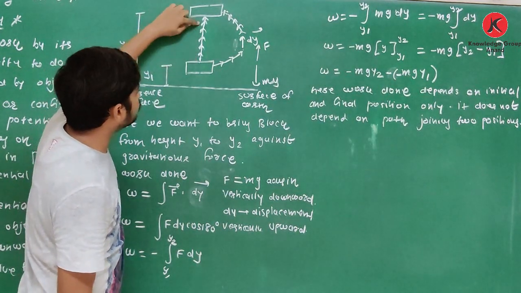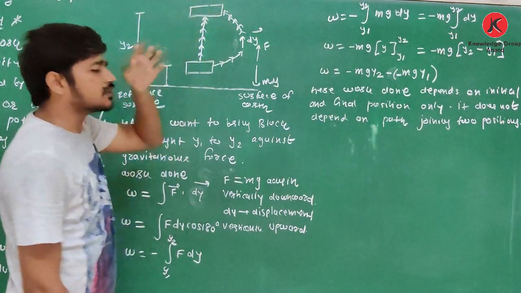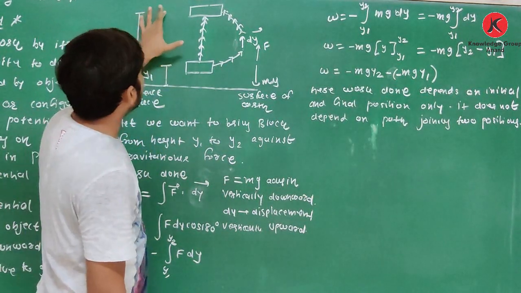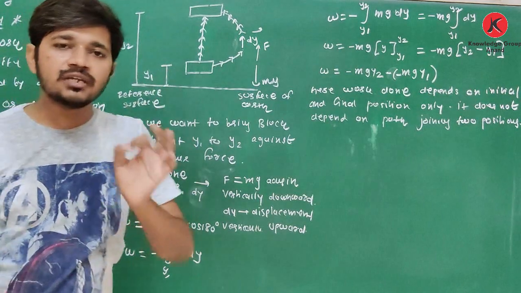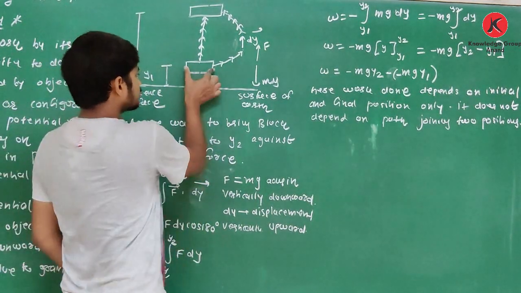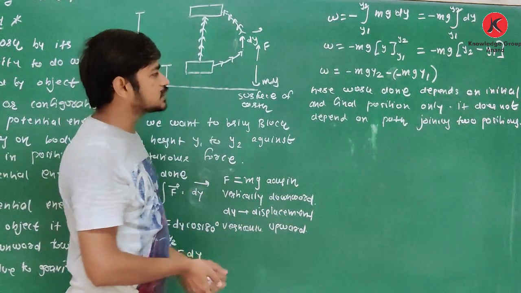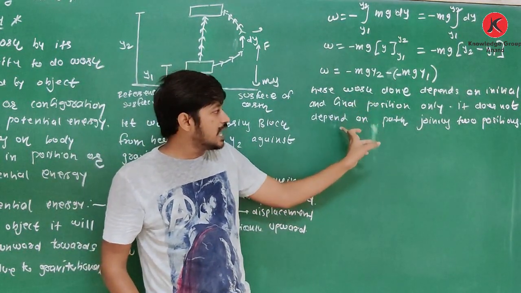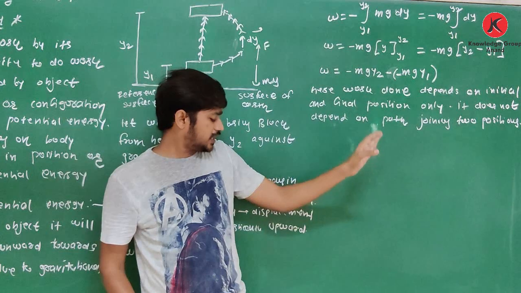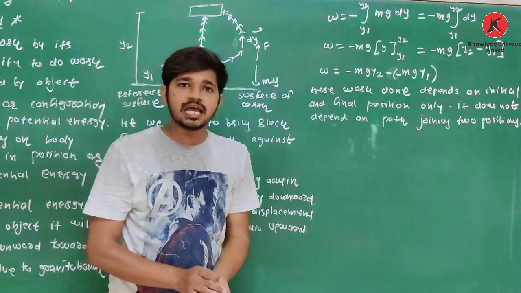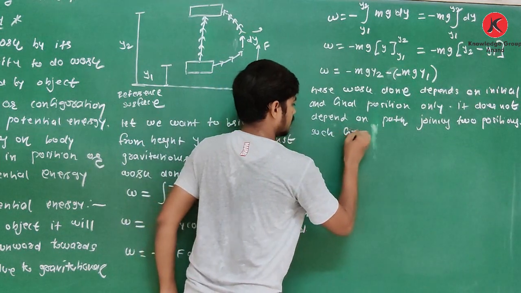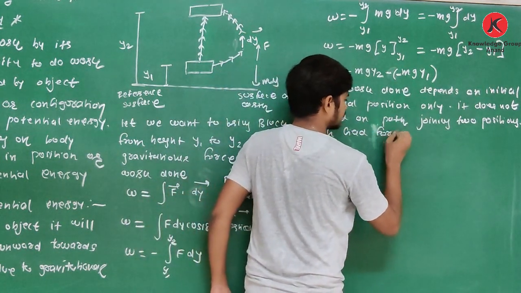See, in this case, initial position, final position. If I am taking this path or this path, in both cases work done will be the same. If I am taking another path in this direction, work done will be the same, because the initial position is fixed, the final position is fixed. So here work done depends on initial and final position only. It does not depend on the path joining the two positions. Clear about this? Okay.